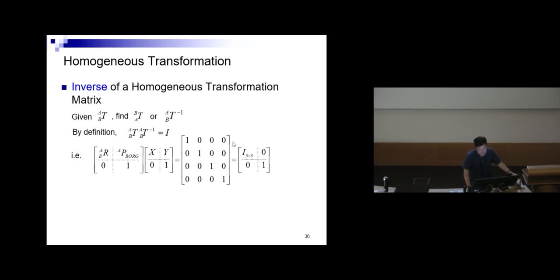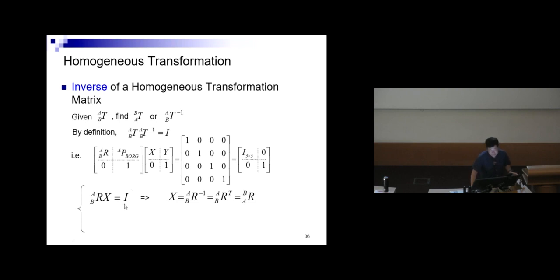They should equal a 4 by 4 identity matrix, meaning you have 1, 0, 0, 0, 1, 0, 0, and so on. So you break this up. This contributes your 3 by 3 identity matrix, and this is your translation vector, your 0 vector, which is 0, 0, 0. So 0, 0, 0, 1 is always there.